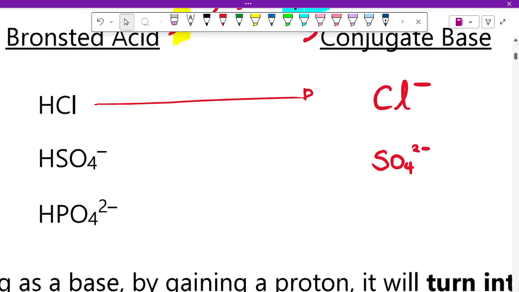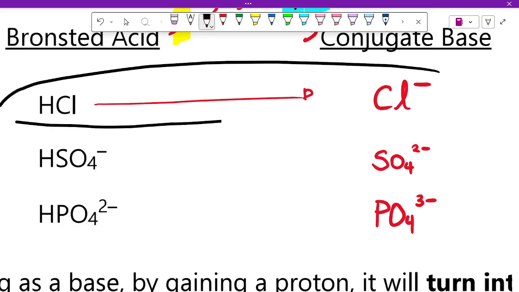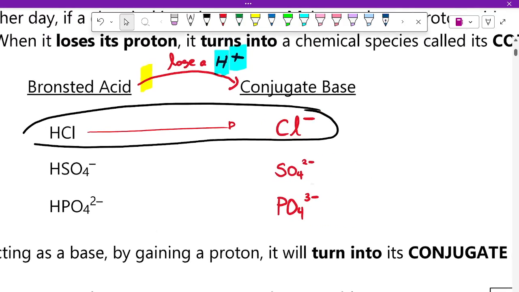And HPO4 2 minus, its conjugate base is, Bella? PO4 3 minus, yes. Okay, and together, these two guys here together are a conjugate acid-base pair.